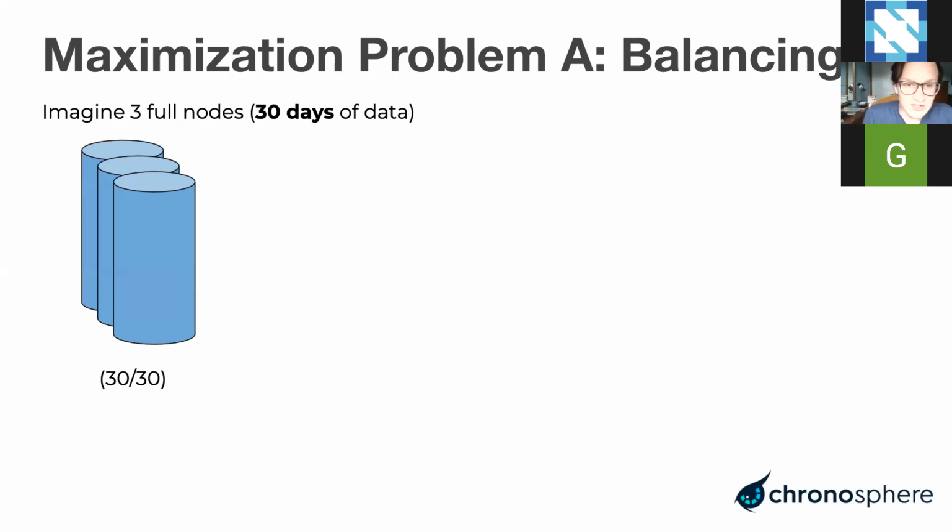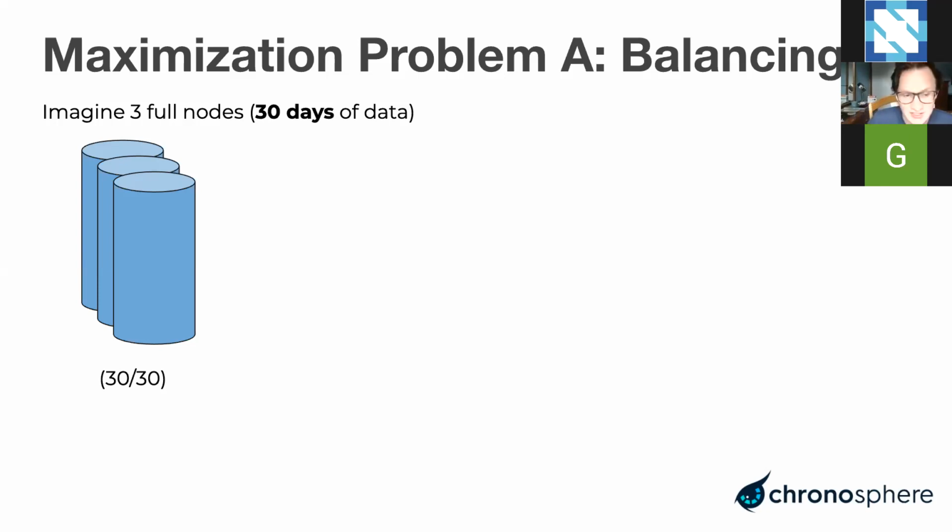So the first maximization problem in this space is the problem of balancing. And this is an inherent problem with the distributed nature of M3. So you could imagine, let's say we have 3 full nodes with 30 days of data. So they have a look back period of 30 days that we're keeping. We're fully at capacity with those 30 days.